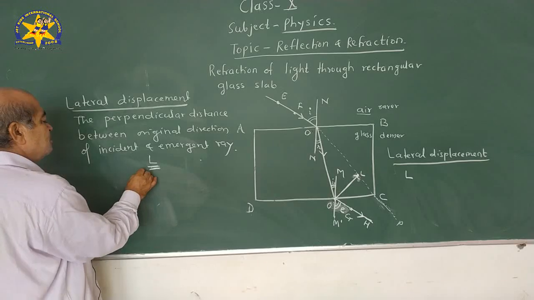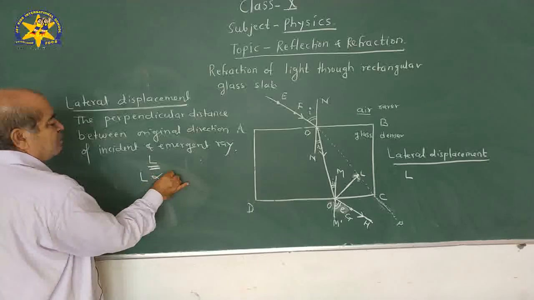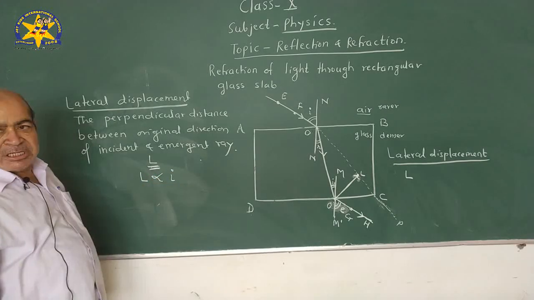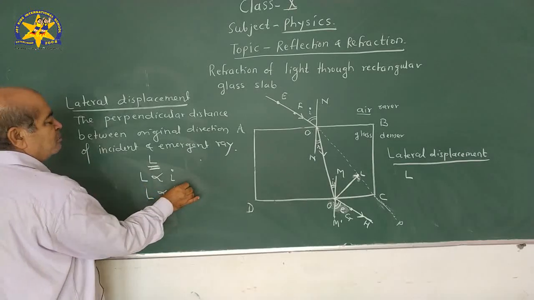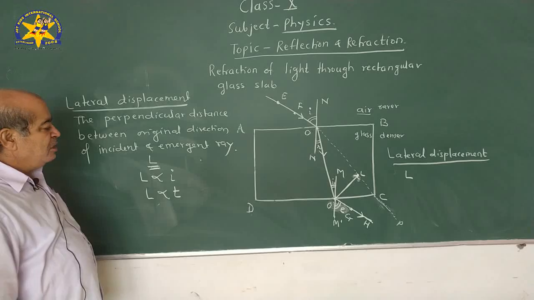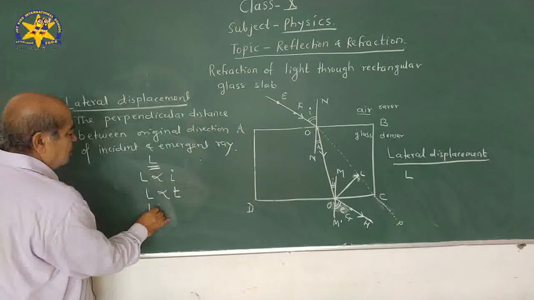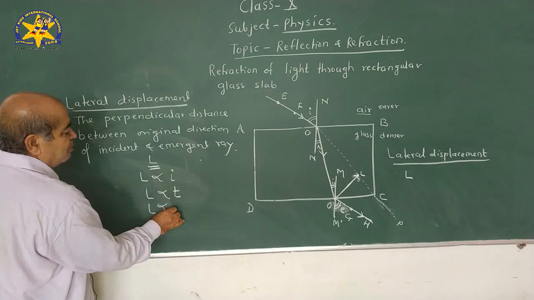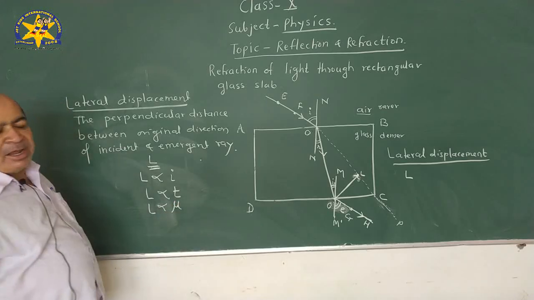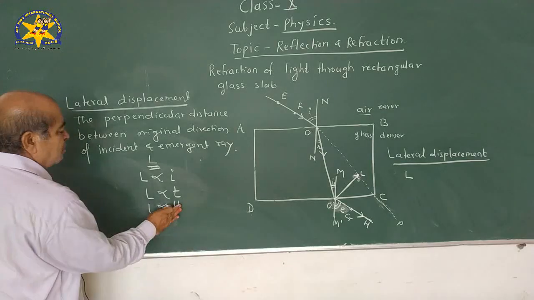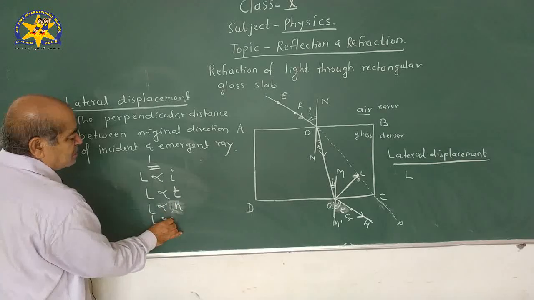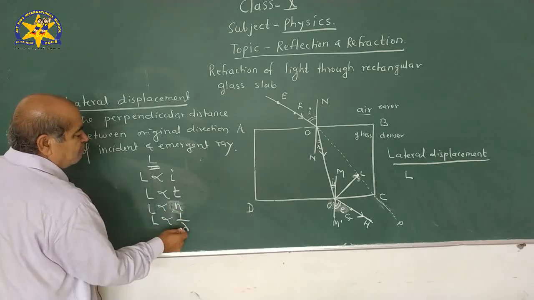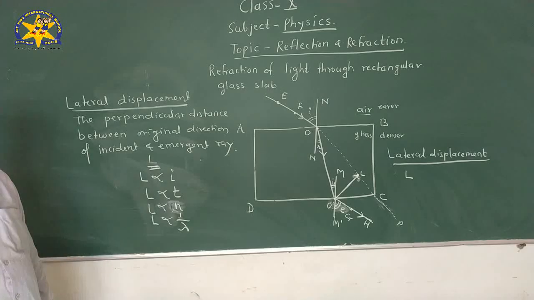Lateral displacement is directly proportional to the angle of incidence. It is directly proportional to the thickness of the glass slab, directly proportional to the refractive index of the glass medium, and inversely proportional to the wavelength of the light.